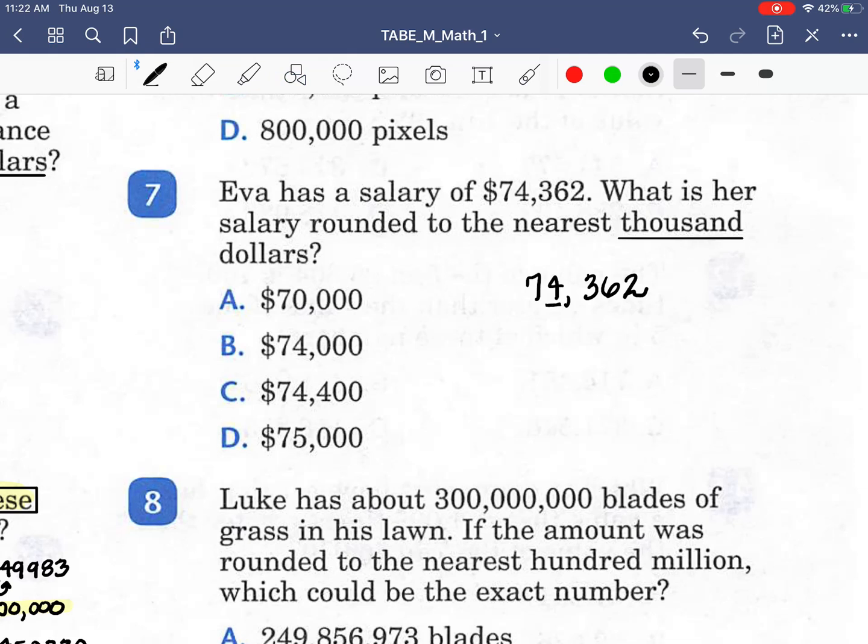That's the 4. The neighbor is a 3, and it says to stay the same. So we're going to leave the 4, round off the neighbors, and bring down the leader. 74,000. So the answer to number 7 is B.